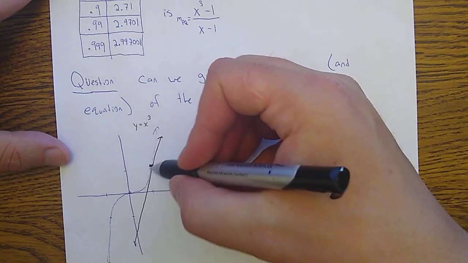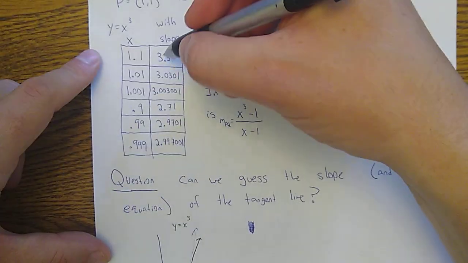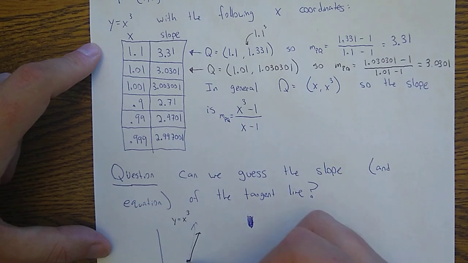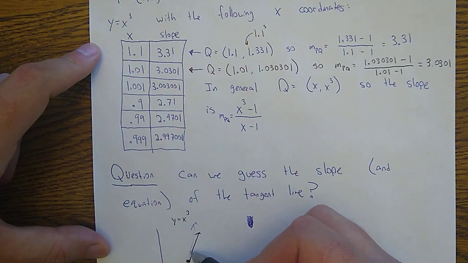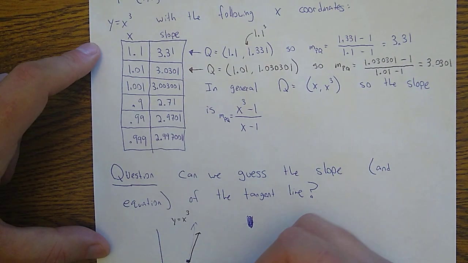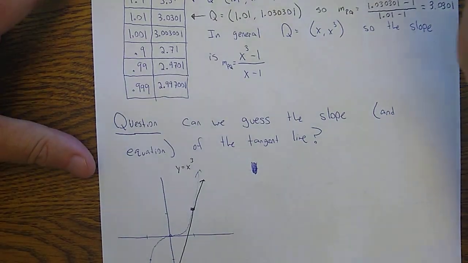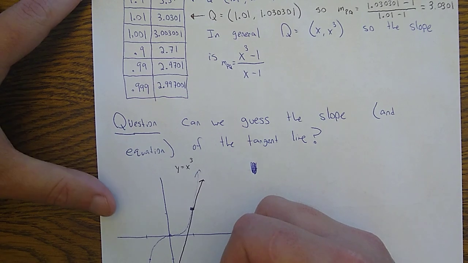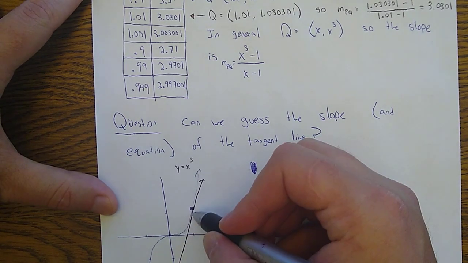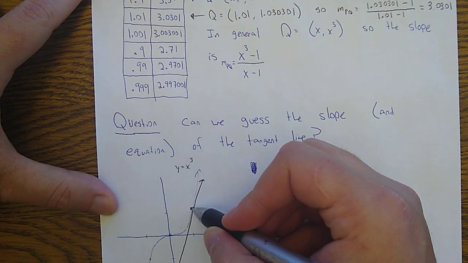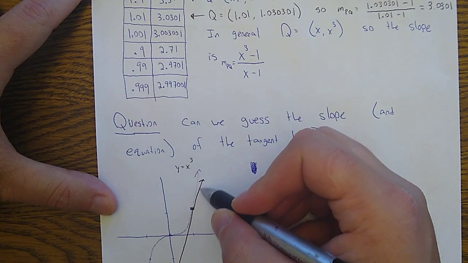While the secant line goes through 2 points, like this point and maybe another point chosen nearby, the tangent line is supposed to just come in and barely touch the curve at just 1 point.